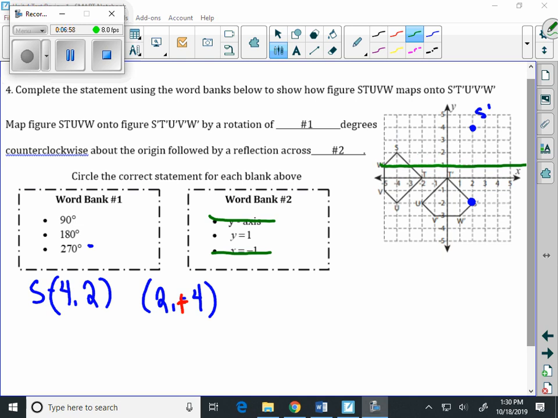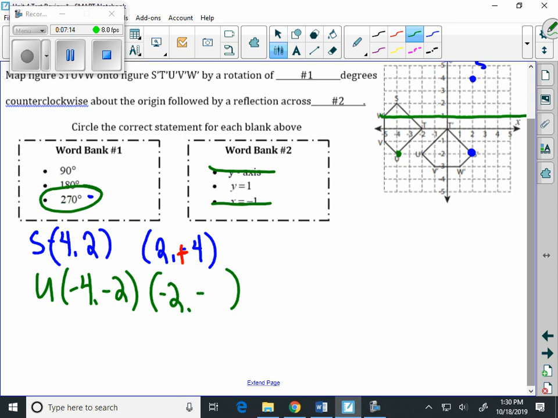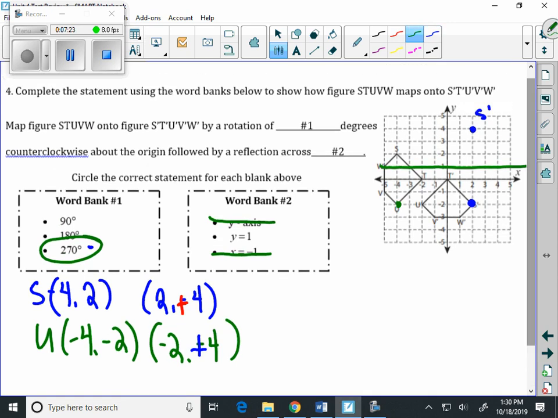How about U? The point U is negative 4, negative 2. The 270, which we're thinking that it is, means that we're going to flip and change the second sign. So negative 2, 4, here.